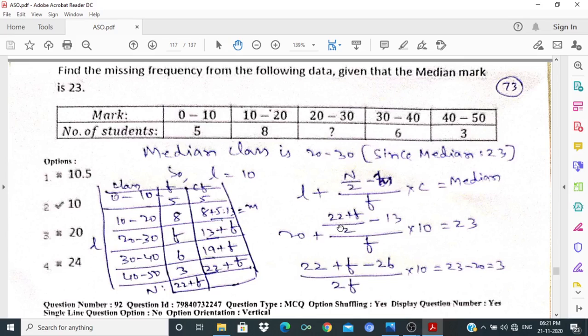20 plus (n by 2 minus 13 plus f) into 10 is equal to 23. So 23 minus 20 is equal to 3. 2 comes into the denominator: (22 plus f minus 26 minus 2f) by 2f into 10 is equal to 3.